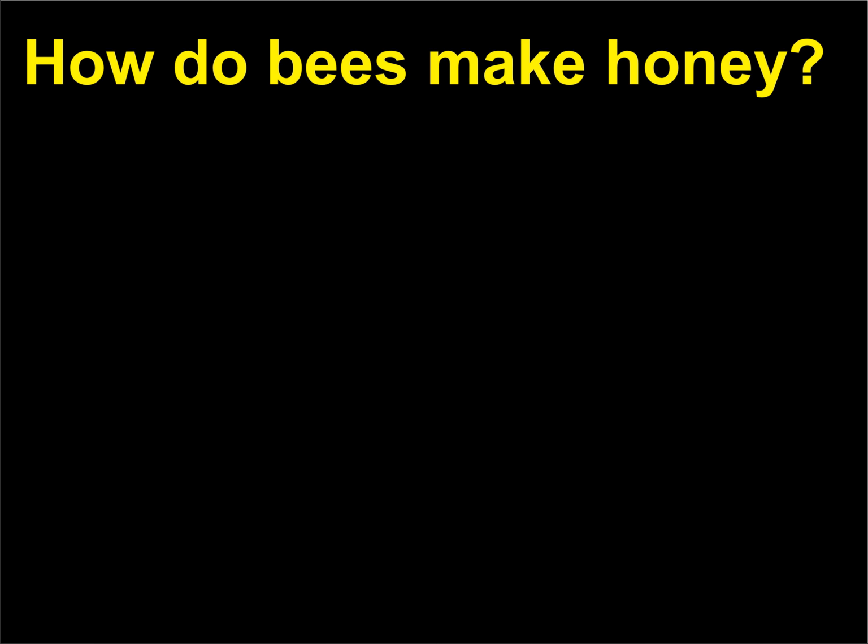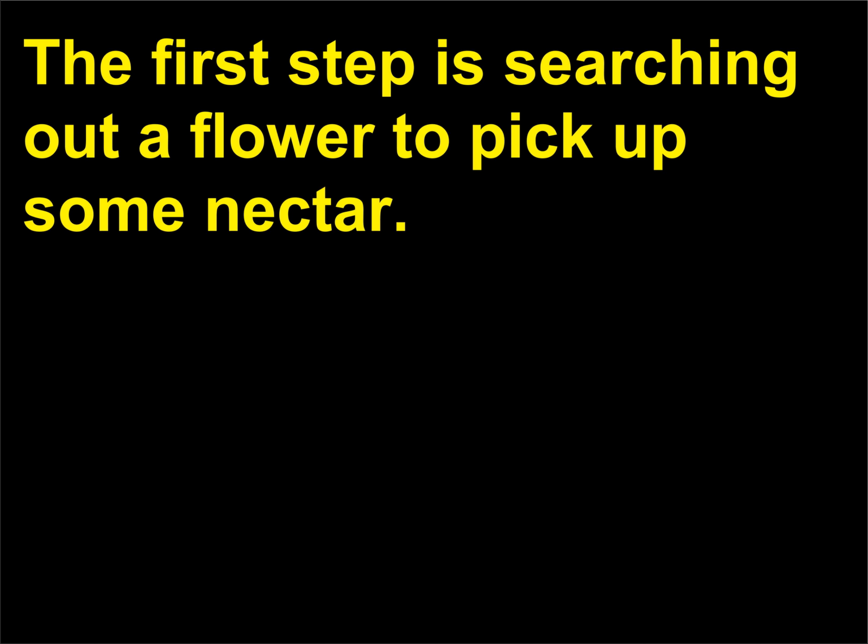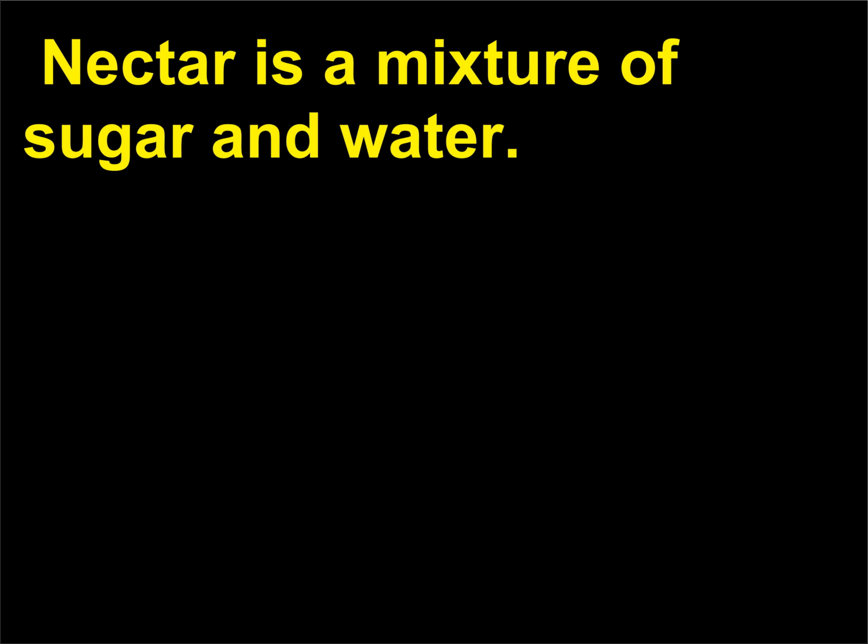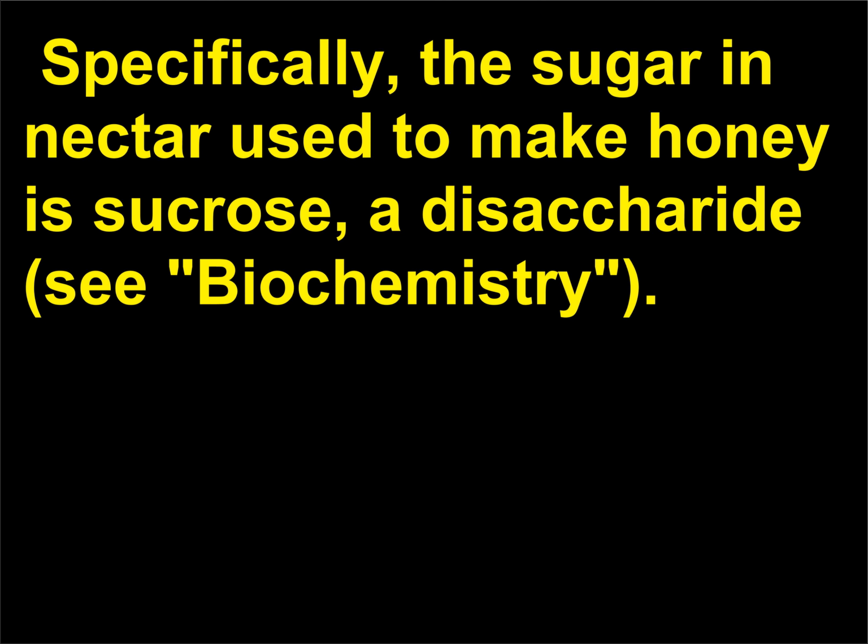How do bees make honey? The first step is searching out a flower to pick up some nectar. Nectar is a mixture of sugar and water. Specifically, the sugar in nectar used to make honey is sucrose, a disaccharide.